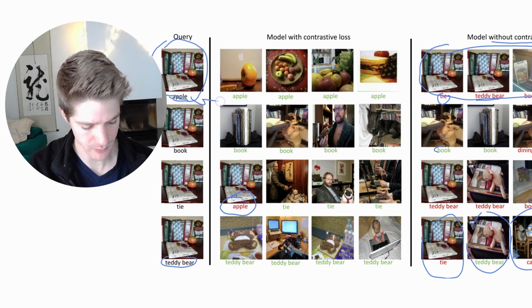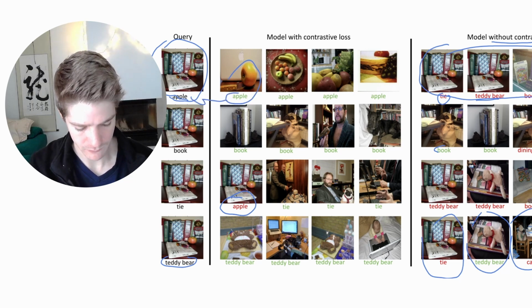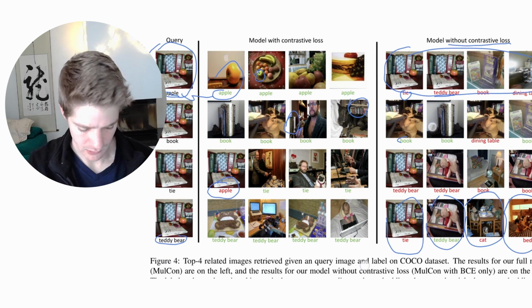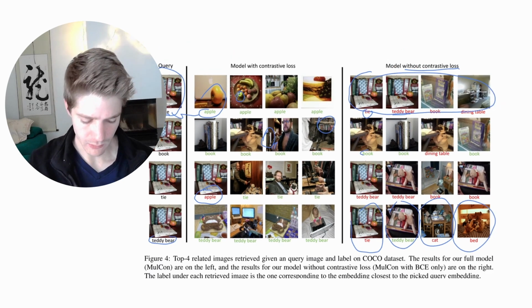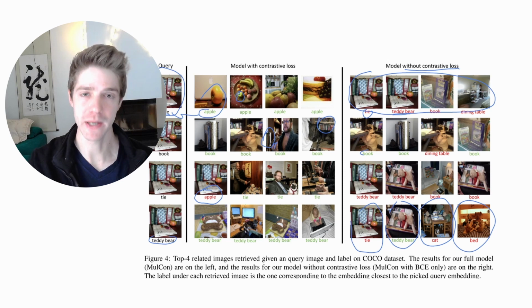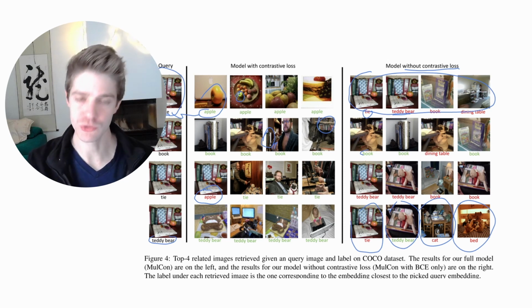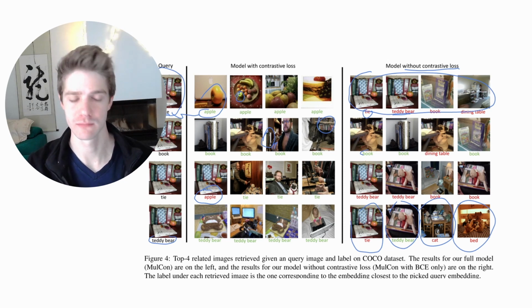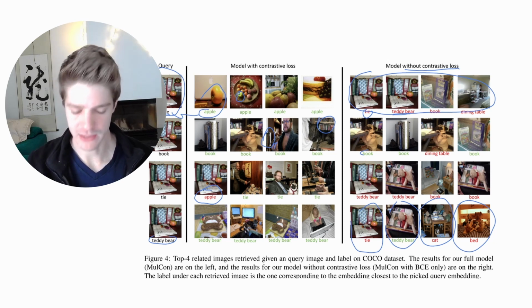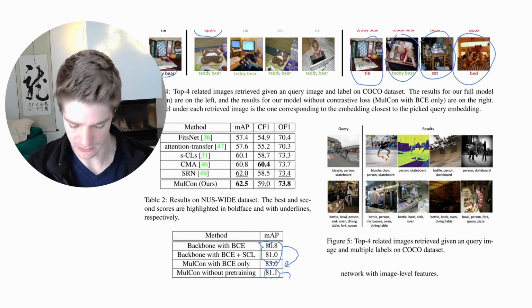We ask for an apple, and this is an apple. Here the apple, and so on and so forth. Books, here are the books. And so you can see that the contrastive loss actually helps improve the embedding space, to contrast embeddings of different classes and bring together embeddings of the same class.